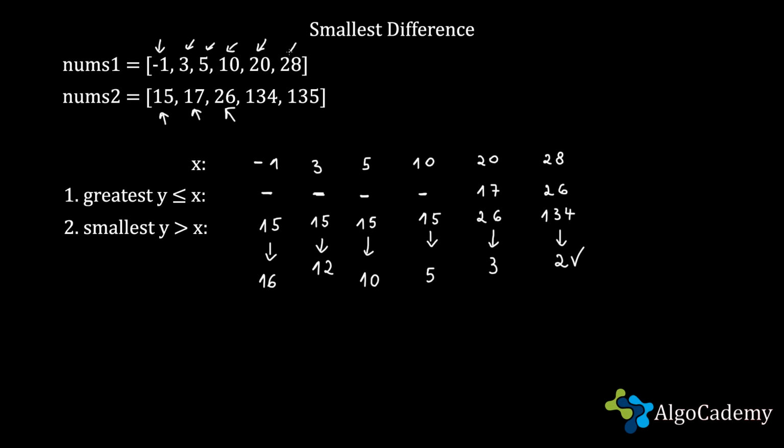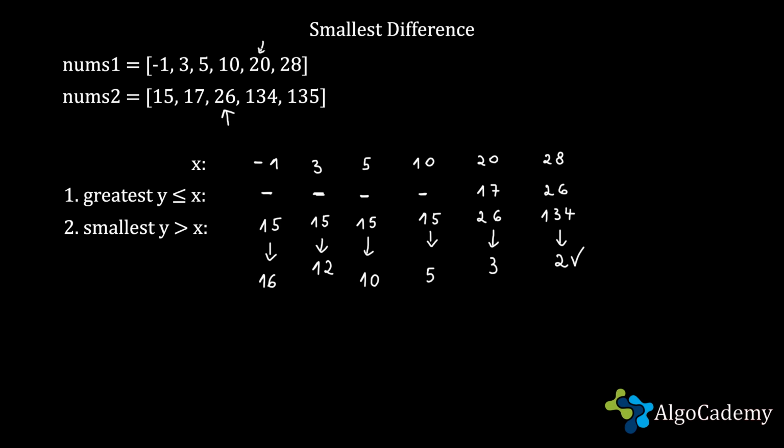Now, if I move to 28, the current element is less than 28, so I gotta look for the next one, and the next one is the first one which is greater than 28. So what's going to happen now is that for each element, I know this smallest y. For example, for 20, I know that the smallest y greater than 20 is 26.